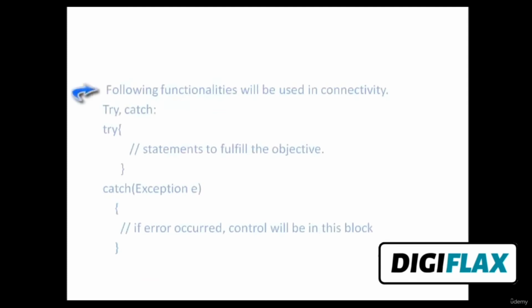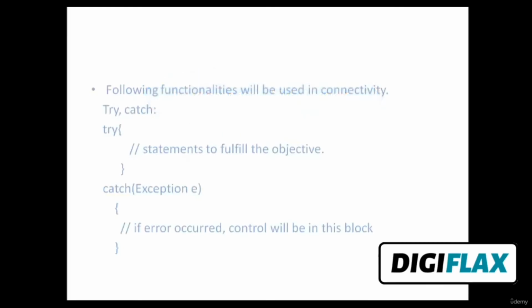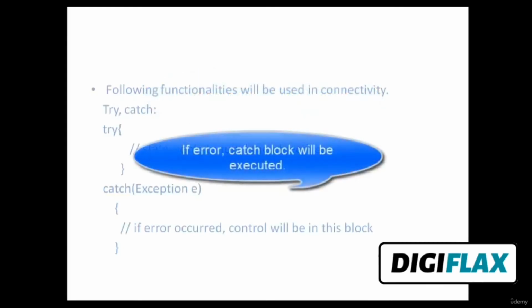The following functionalities will be used in connectivity. Try catch. Within the try block we will write the statements to connect to the MySQL server. If there is an error, then control will go to the catch block.